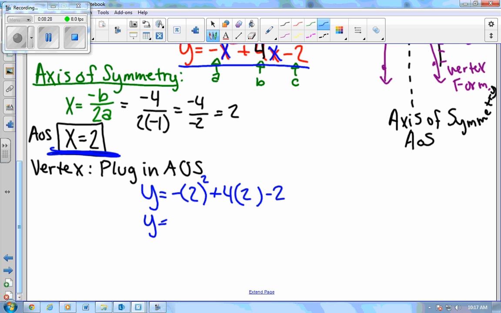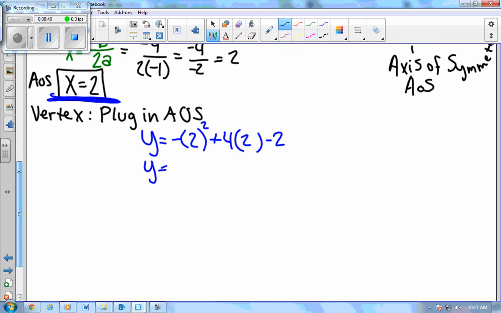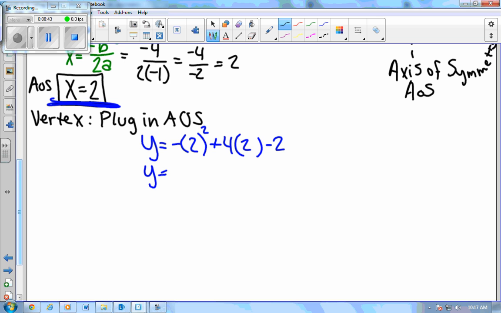Okay, fingers in the air. What did you get? Oh, I have different answers coming up. Okay, guys, we're going to go through order of operations. Is there anything inside the parentheses to do? No, so we do exponents. 2 squared is 4.